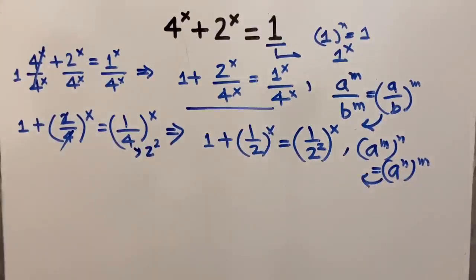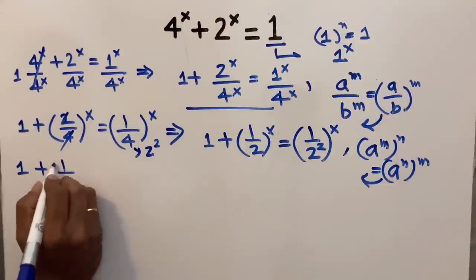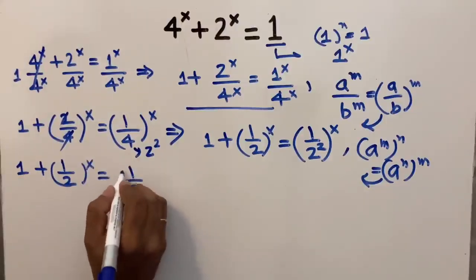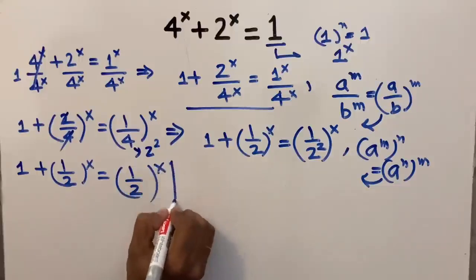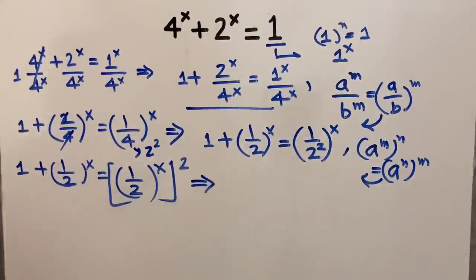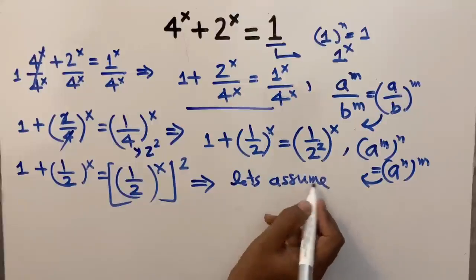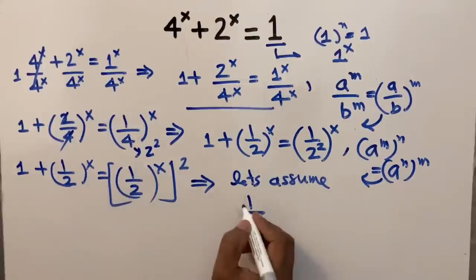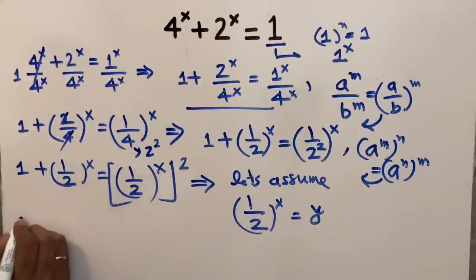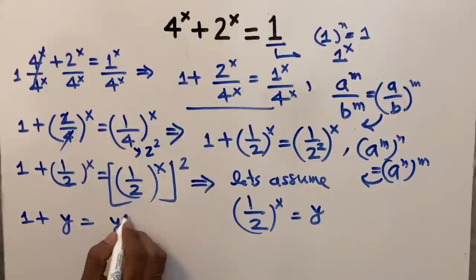By applying this rule, this equation becomes 1 plus 1 by 2 to power x equals to 1 upon 2 to power x bracket square. Now, to simplify and solve this equation, let's assume 1 by 2 to power x equals to y. So this equation becomes 1 plus y equals to y square.